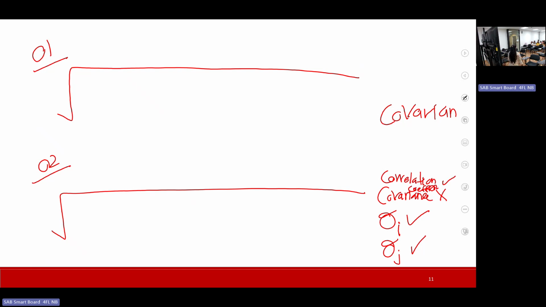What do you mean by correlation coefficient? Correlation coefficient is the directional relationship plus the strength of that directional relationship.